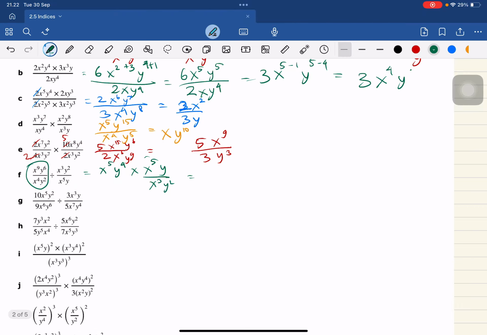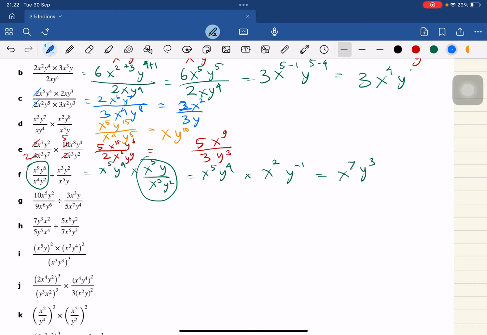So let's solve this one. It's going to be x power of 5 and y power of 4 multiplied by x power of 2 and then y power of minus 1. So the final answer is going to be x power of 7 and then y power of 3.